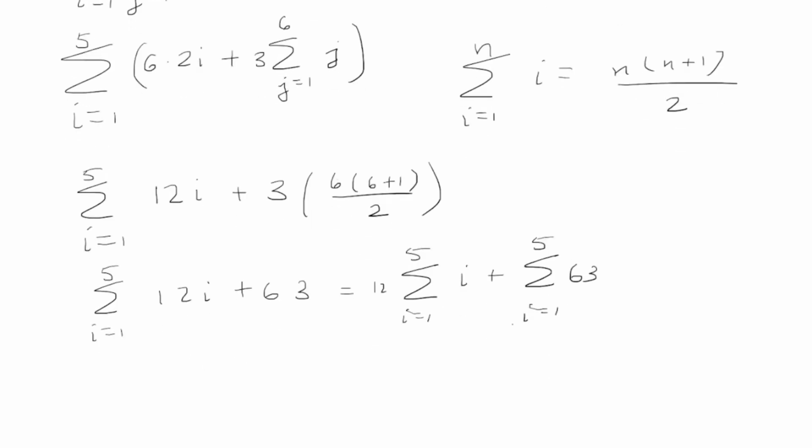Now I can use the formula here for the sum of i, which is 5 times 5 plus 1 all over 2. And then this is a sum of a constant, so it'll be the constant times the number of numbers between 1 and 5.